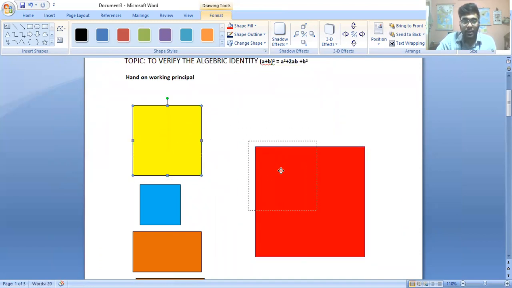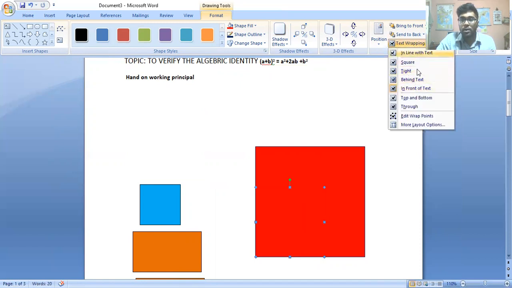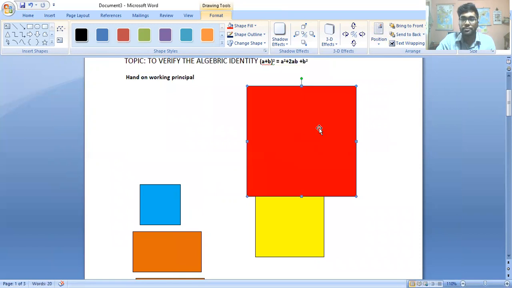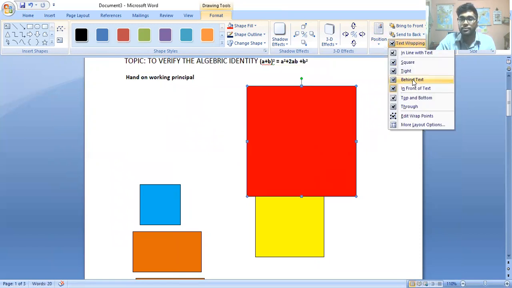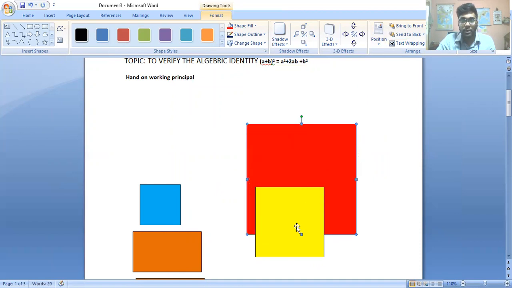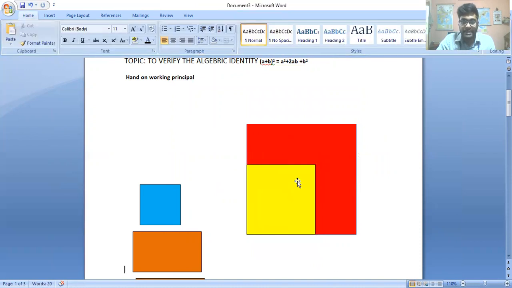First, I'm taking the 6 one. So here, at first I have taken the 6 centimeter square.